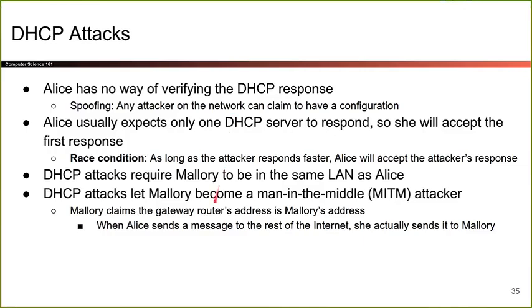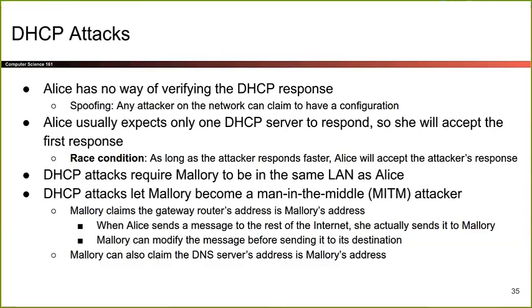So if Mallory claims that the gateway router's address is her address, then every time Alice sends a message to the internet, it actually goes to Mallory first. And again, Mallory can tamper with it, change it, delete it before sending it forward to its destination. You can also do this with the DNS server, and I think we'll see that next week, but just hold on to that one for now.